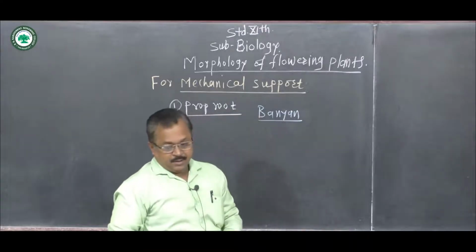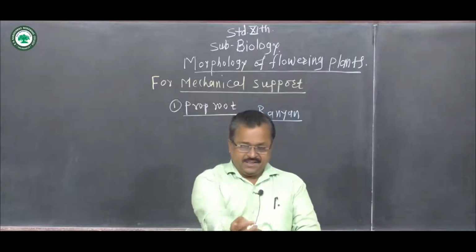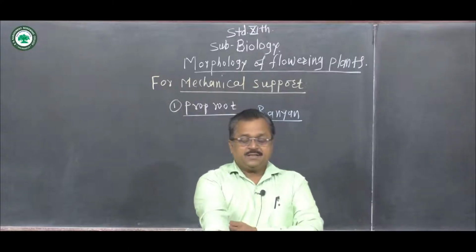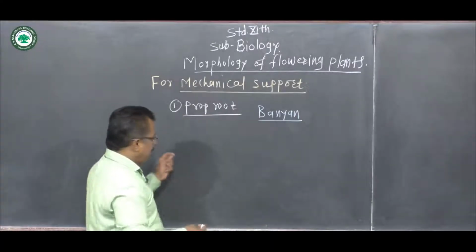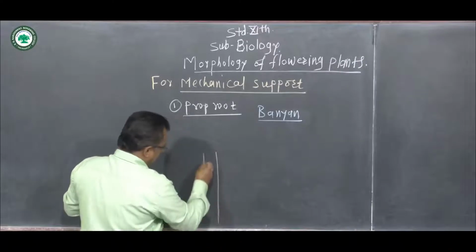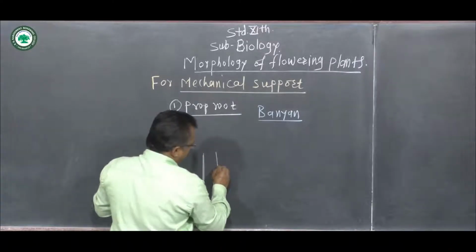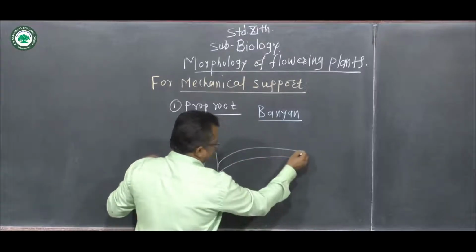Banyan tree, the botanical name of this plant is Ficus bengalensis, which grows horizontally. Suppose this is the stem of the tree and its branches.